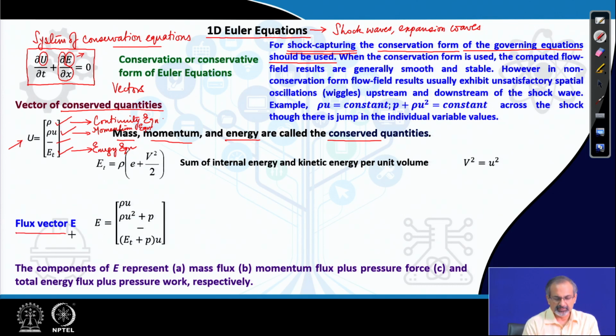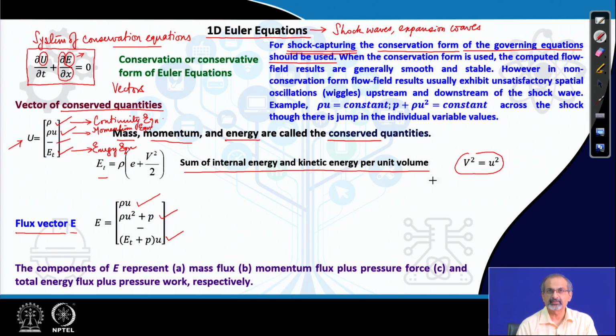We are representing it by E, and there are again 3 elements in this vector: rho u, rho u square plus p, and E t plus p the whole into u, where E t is the sum of internal energy and kinetic energy per unit volume. For a one dimensional problem, of course, v square, that is the resultant velocity square, is nothing but u square itself. In a 2 dimensional problem, for example, this would be u square plus v square.